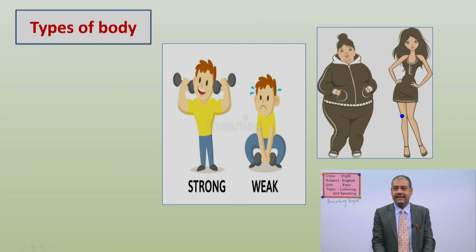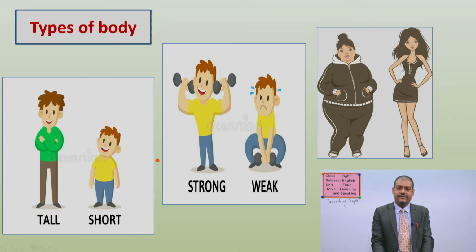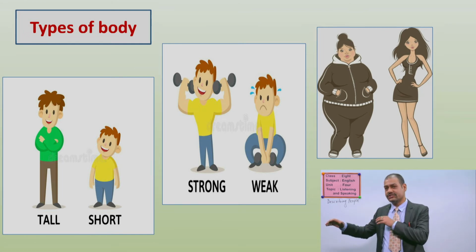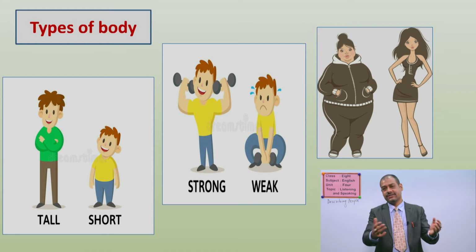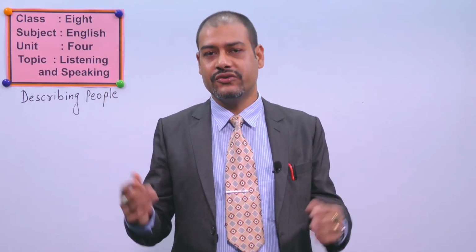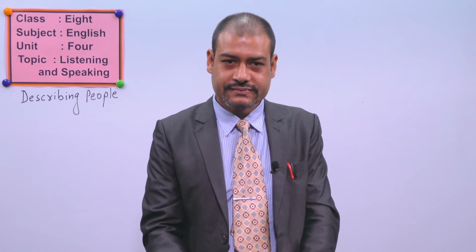This is fat and this is thin, or you can say slim, all right? Again, you can describe height, tall or short. So you can use these terms to describe the people's body, and there can be more words, so you can search yourselves and you can use them. In our today's class, generally we practice these things.